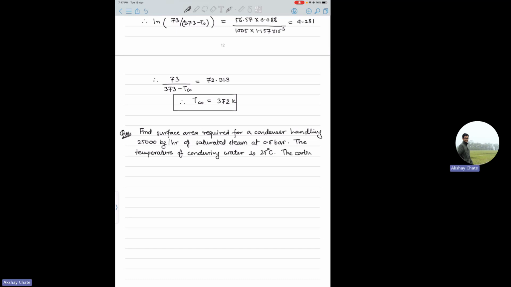The cooling water is heated from 15 degrees Celsius to 25 degrees Celsius. So whatever cooling water is circulated through the condenser gets heated. Assume an overall heat transfer coefficient of 10 kilowatt per meter square Kelvin.